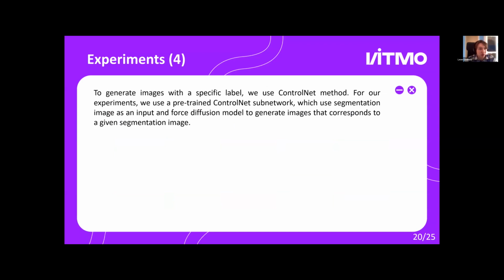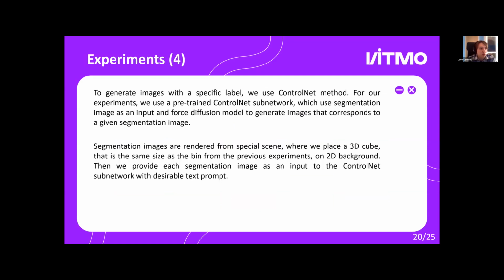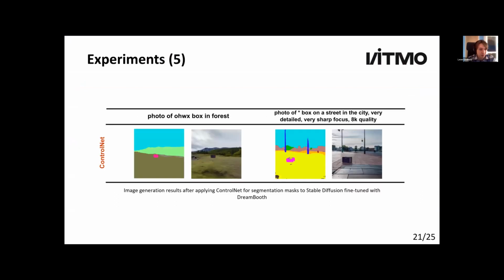For our experiments, we use a pre-trained ControlNet subnetwork, which uses a segmentation image as an input and forces the diffusion model to generate images that correspond to a given segmentation image. Segmentation images are rendered from a special scene where we place a 3D cube that is the same size as the bin from the previous experiments on a 2D background. Then we provide each segmentation image as an input to the ControlNet subnetwork with the desired text prompt.